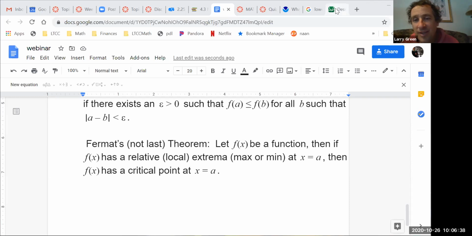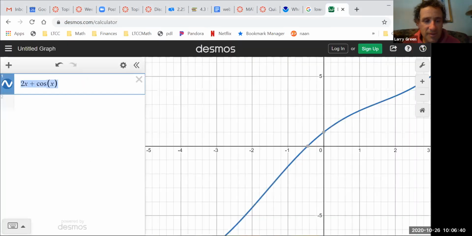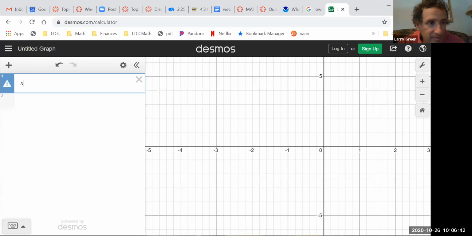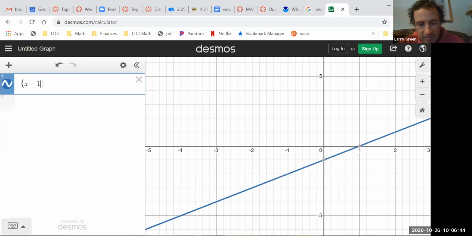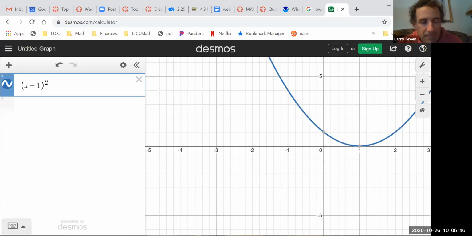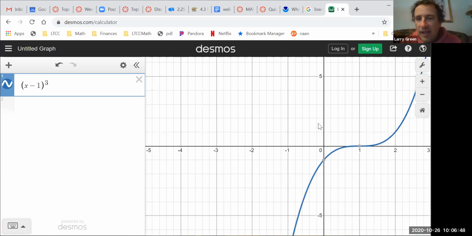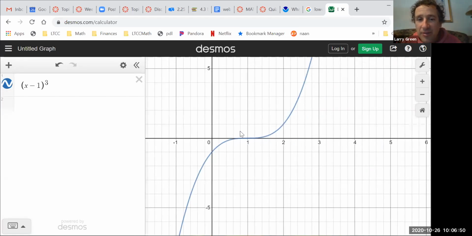But let me give you an example. If you look at x minus 1 cubed, do you have a relative max or relative min there? What do you think? Are you at the top or the bottom of the mountain or neither? Right there.